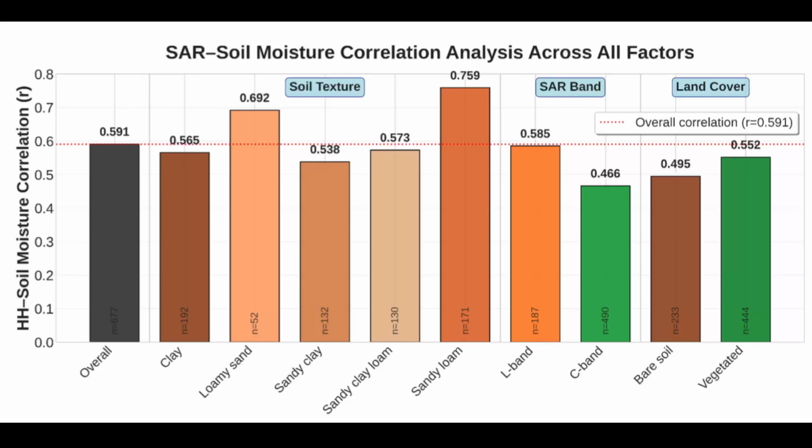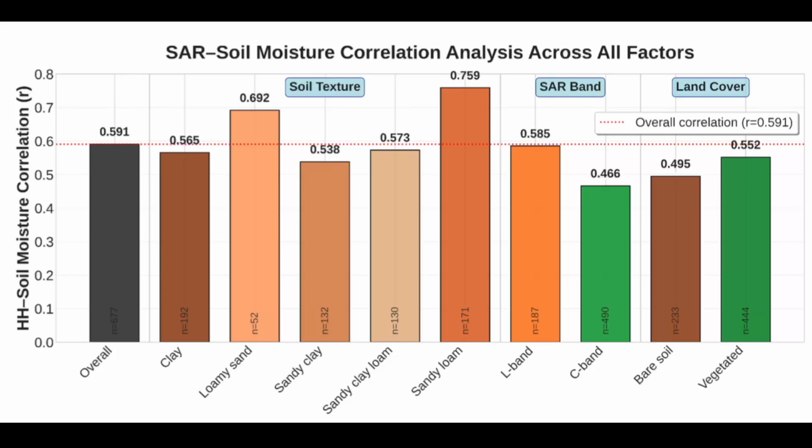Now coming to the concern that was raised about the bare soil. What if the high correlation in sandy loam was just because there were more bare soil samples? If that was true, then the bare soil bar should be the highest, or at least much higher than the vegetated soil.